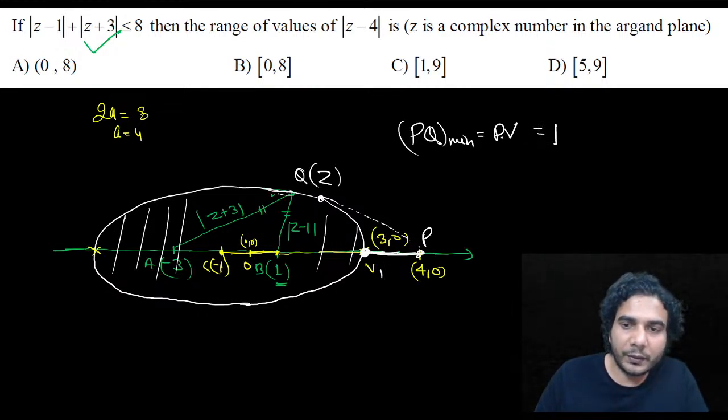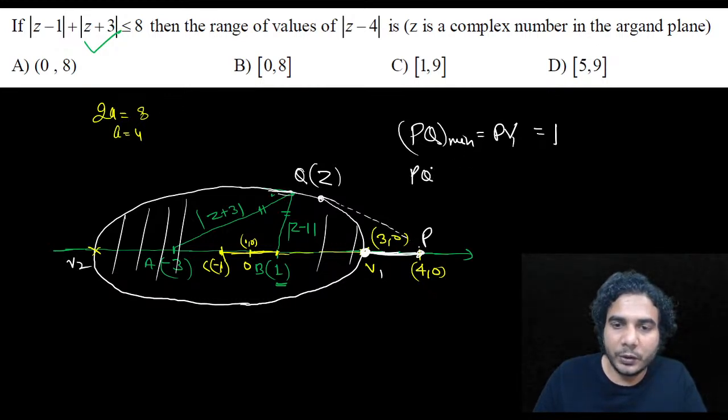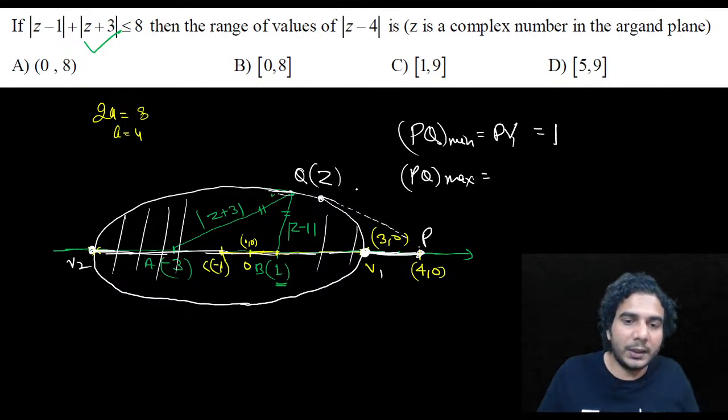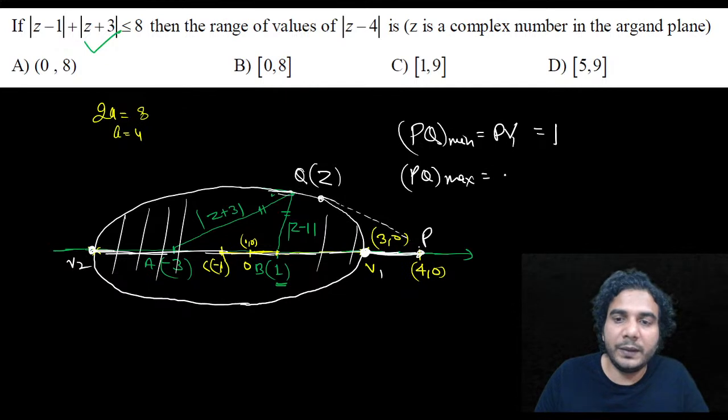Say this is V1, and this is V2. So PQ max is basically the distance of P from the other vertex. This total distance, PV2, is PV1 plus 2A, right? 2A was 8.